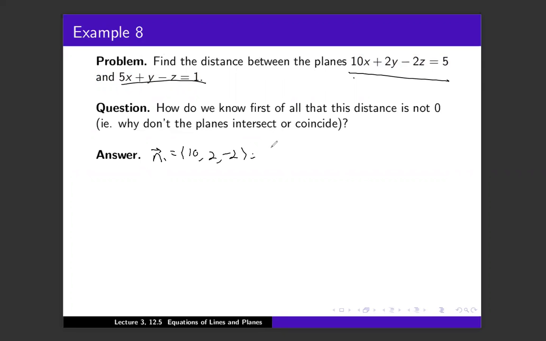The second one is 5, 1, -1. These vectors are parallel, which means that the planes are parallel. So since n1 and n2 are parallel, that tells us that the planes are parallel.